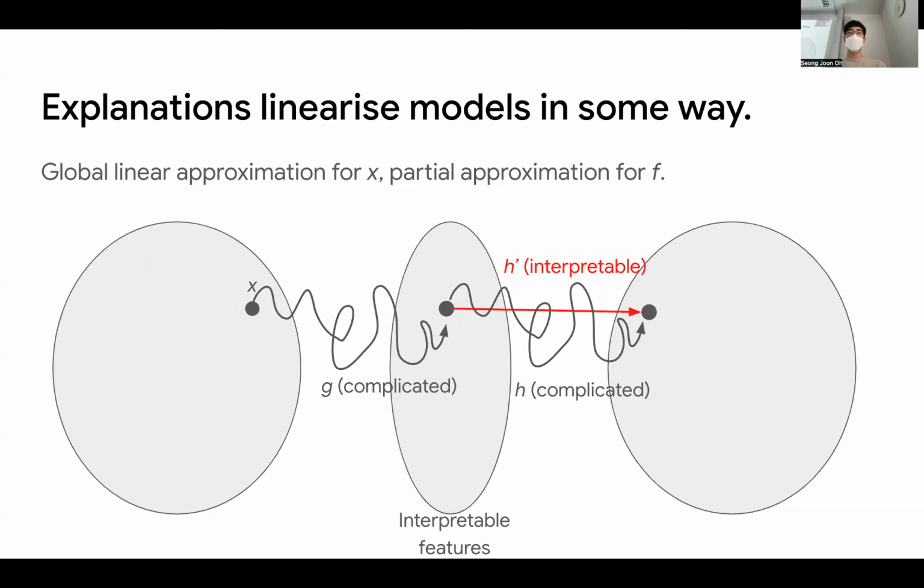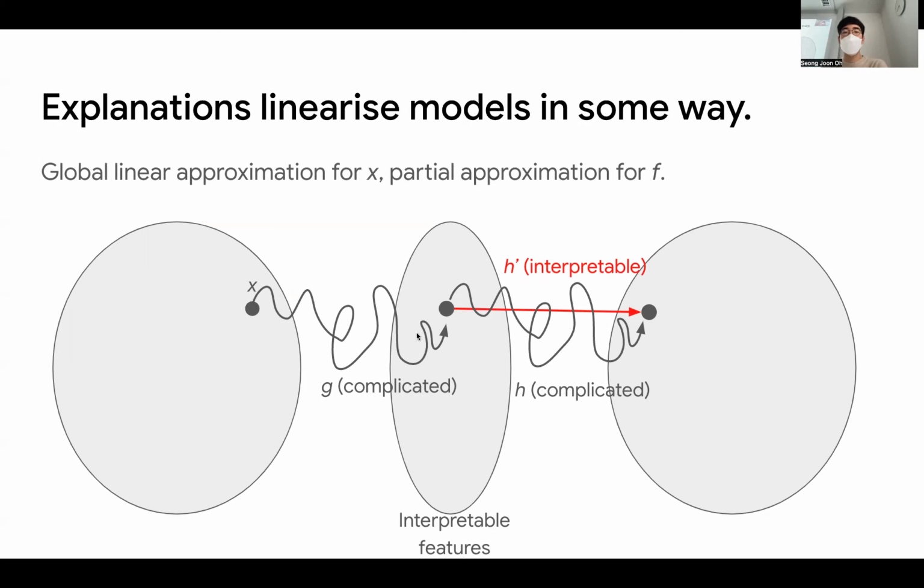But we also looked at TCAV, which is doing something like this. Given an input space, it first maps your input into a space of interpretable features, and then based on the interpretable features, you're finally making some prediction.